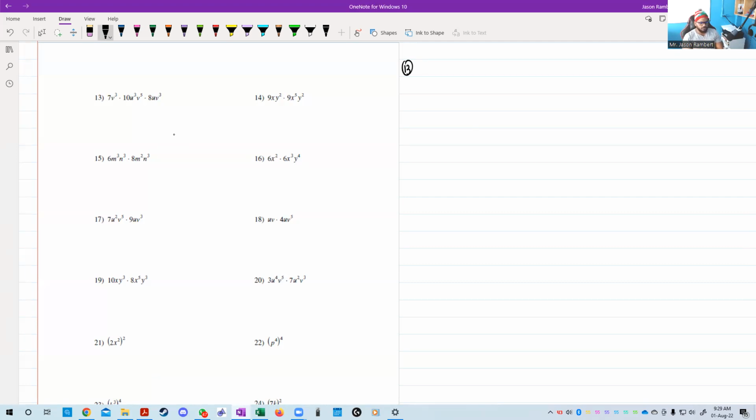An easy thing to do is multiply your numbers. Anytime you have multiplication and you see numbers involved, multiply your numbers. Is nothing hidden, is no trick, just multiply your numbers. So number 13, I'll multiply my numbers 7 by 10 by 8.